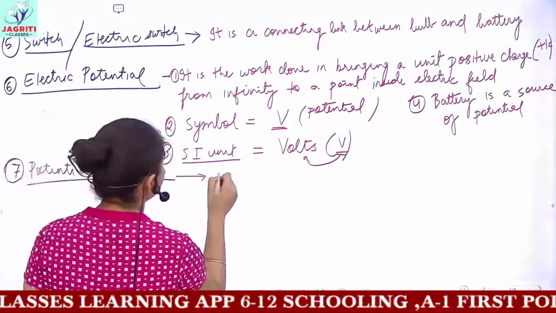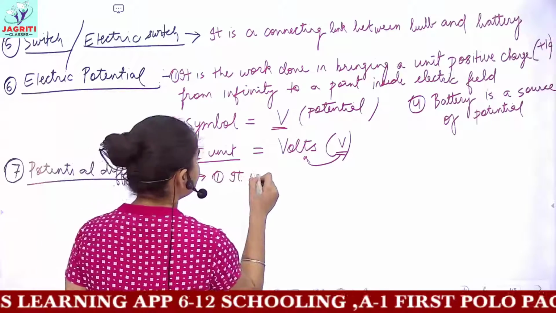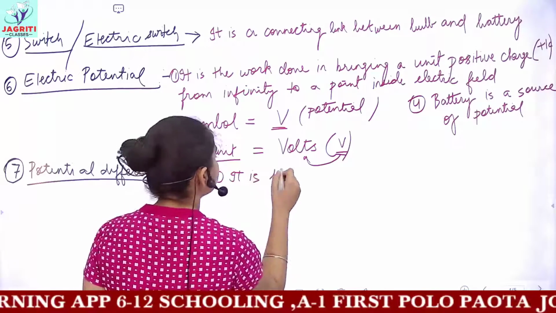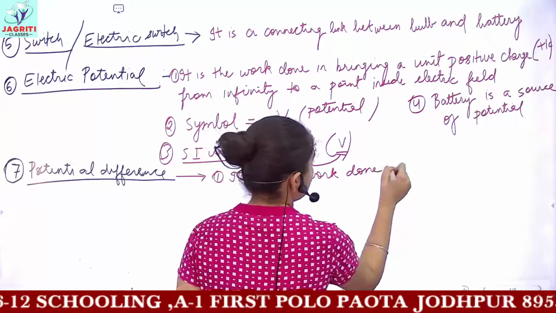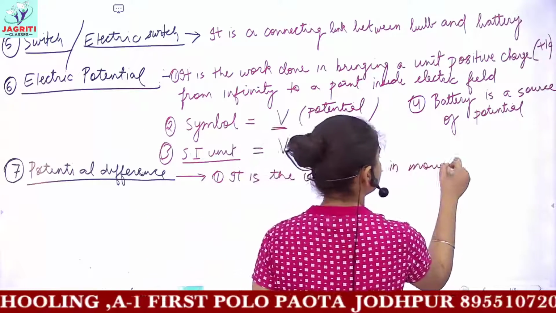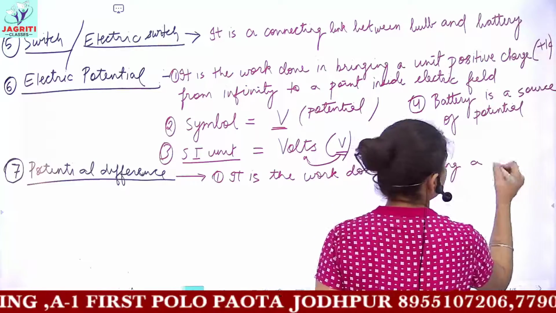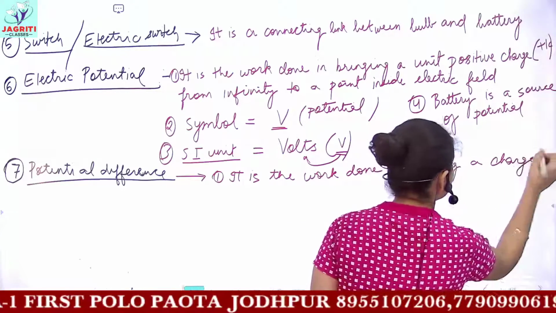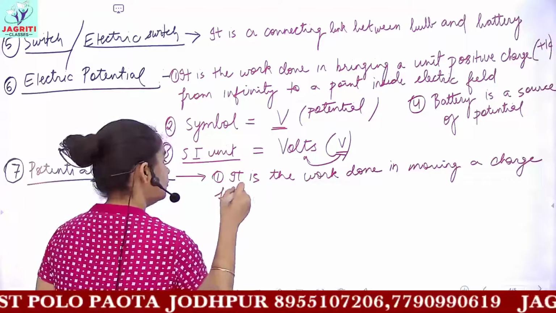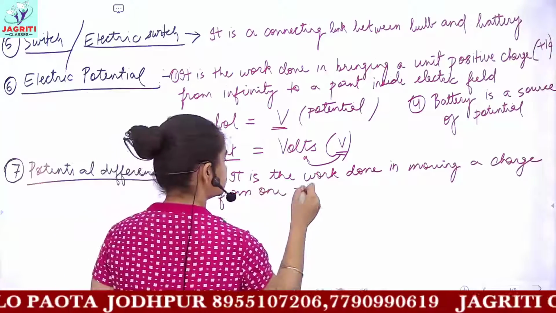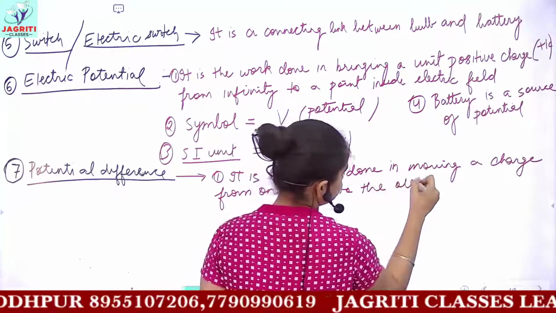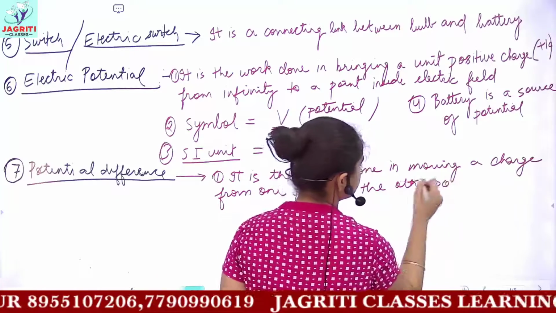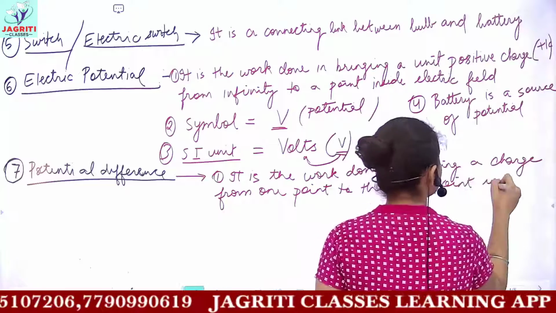Now we will be discussing what you understand by the term potential difference. So potential difference can be defined as the work done in moving a unit positive charge from one point to the other point in electric field.